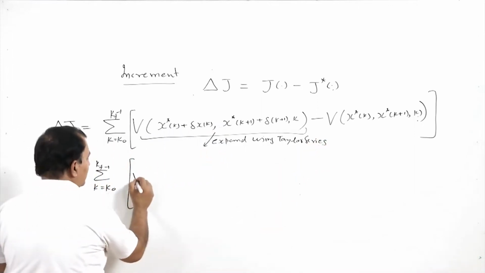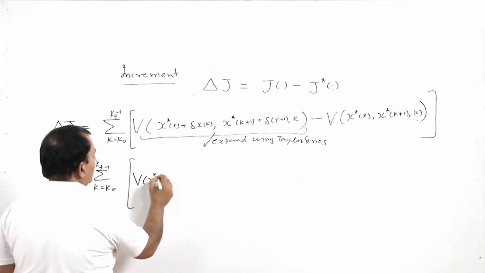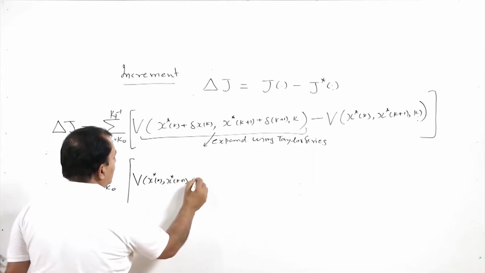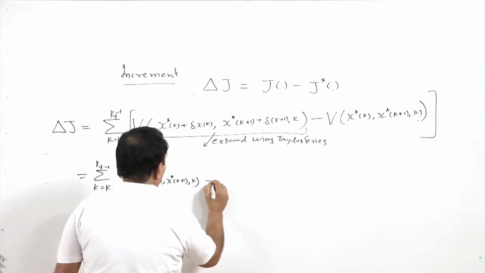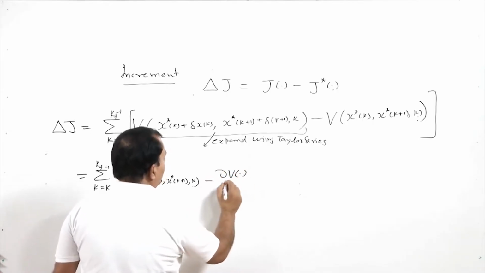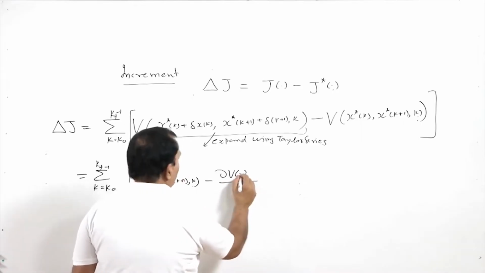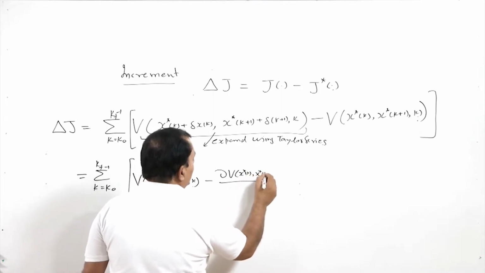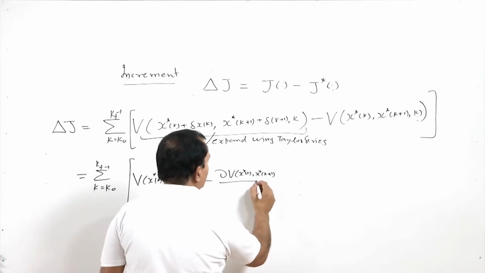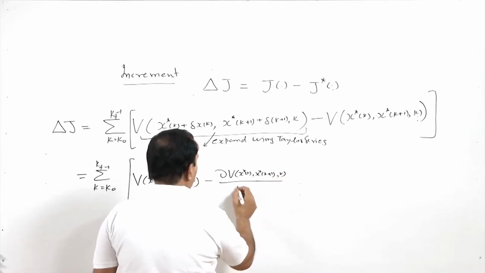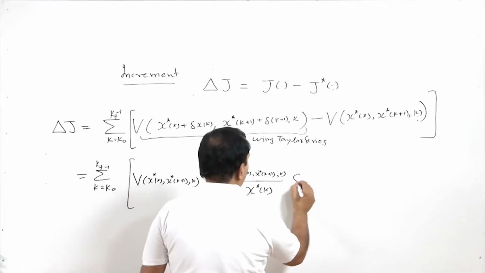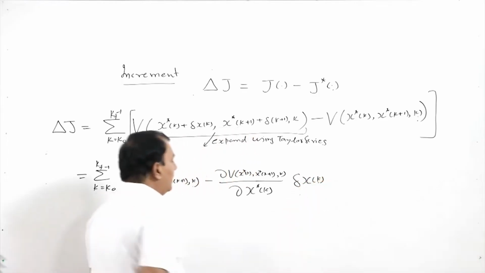If I expand this, my first term will be v of x star k plus 1, k, plus del v by del x star of k times delta x of k, where v is a function of x star of k, x star of k plus 1, k.